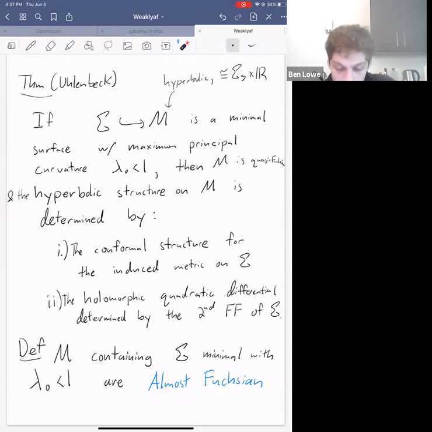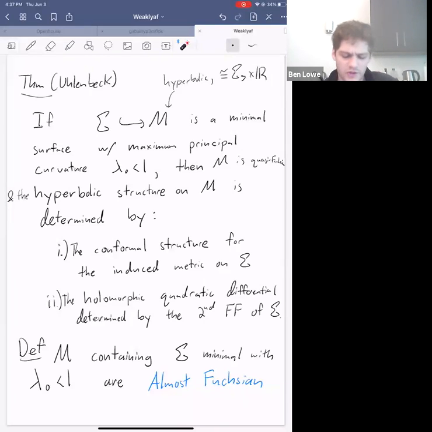And right, so why 1? Well, the curvature of the hyperbolic metric is -1. So this is saying the principal curvatures are smaller than the ambient curvatures, which are 1 in absolute value, right? The sectional curvatures of the hyperbolic metric are just -1.